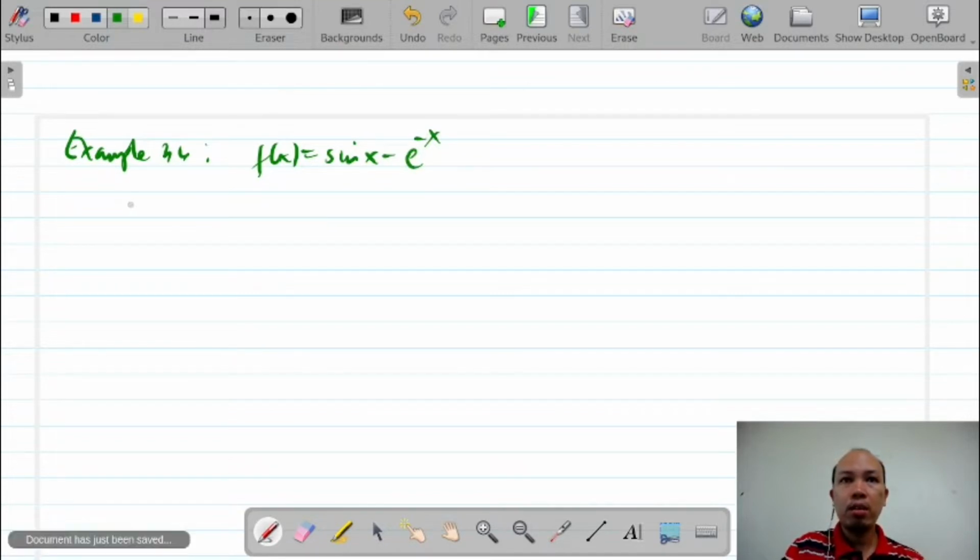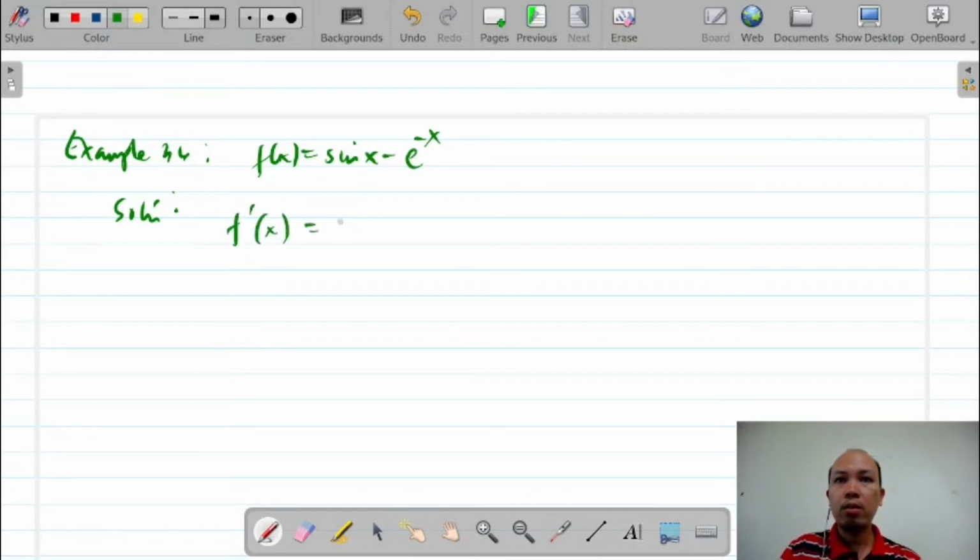So the derivative is f prime of x is equal to derivative of sine is cosine minus derivative of e to the negative x is e to the negative x, then the derivative of negative x is negative 1.